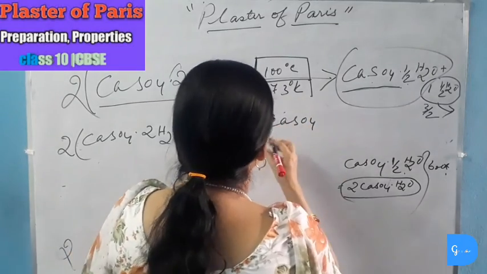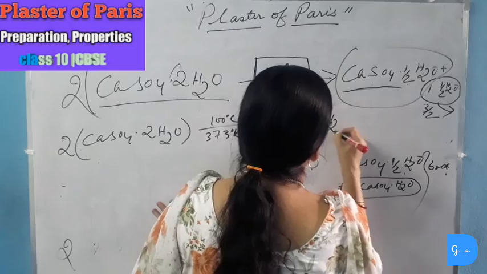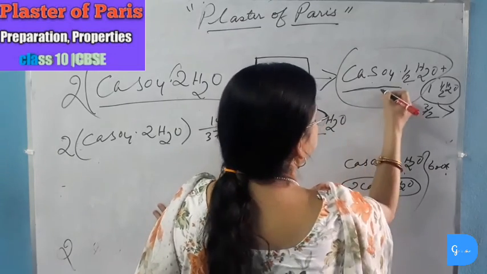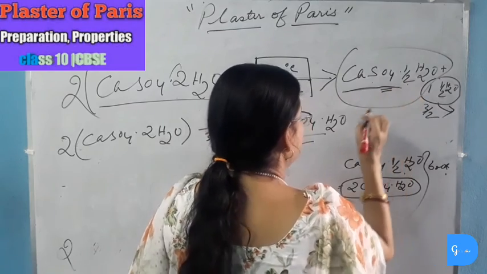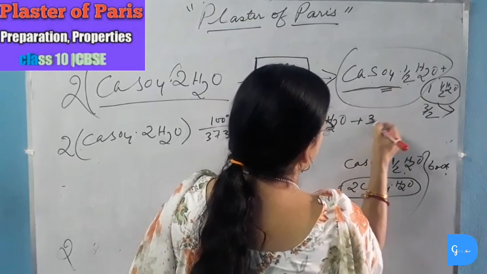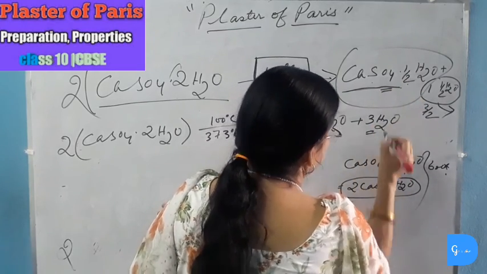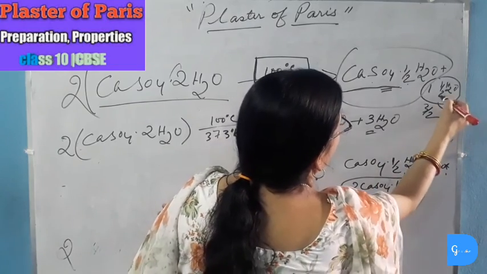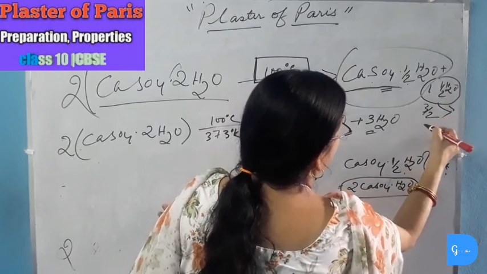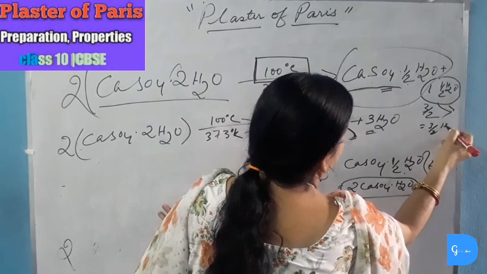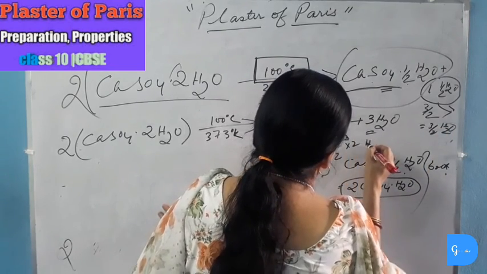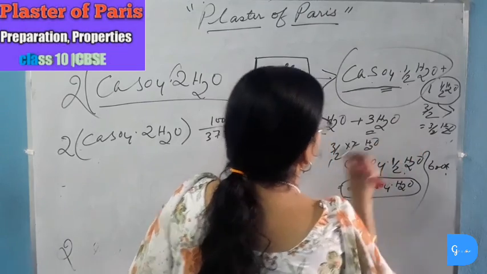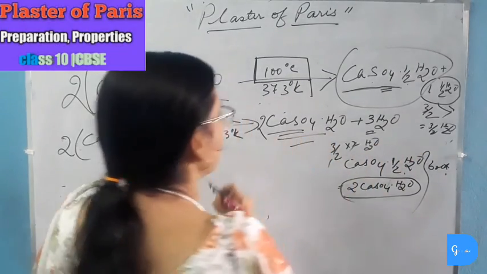It is multiplied by 2. This is also plaster of Paris and this is also plaster of Paris. It is just multiplied by 2 to make it easier. Plus 3H2O. Here 3H2O because 3 by 2 H2O is given out; 3 by 2 into 2 H2O will give 3H2O. So this is the formula of plaster of Paris.